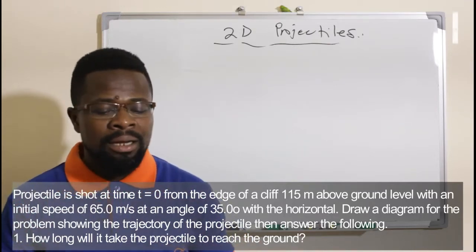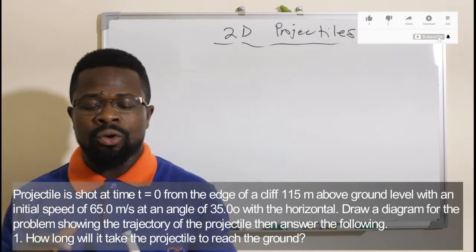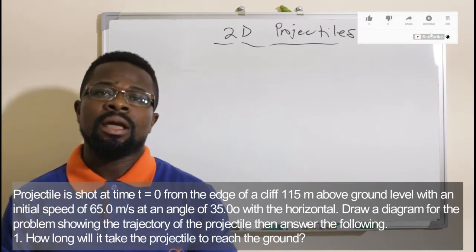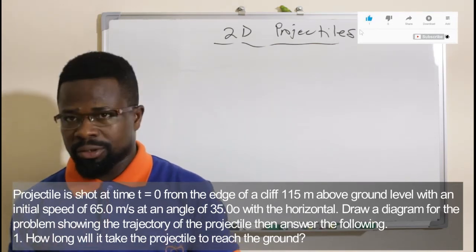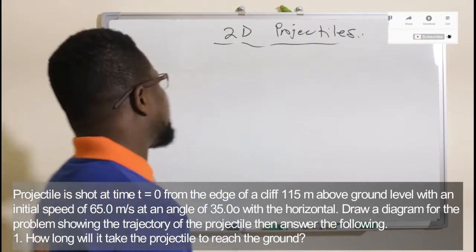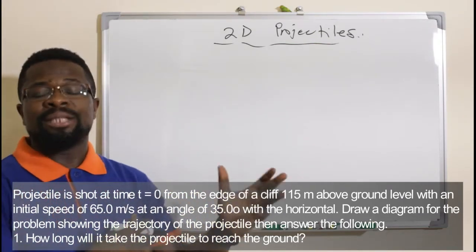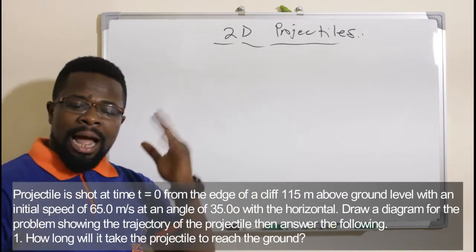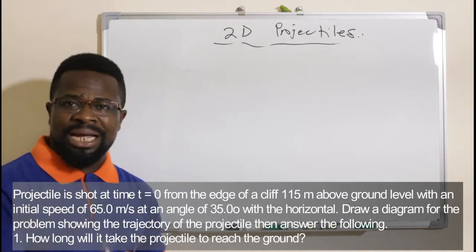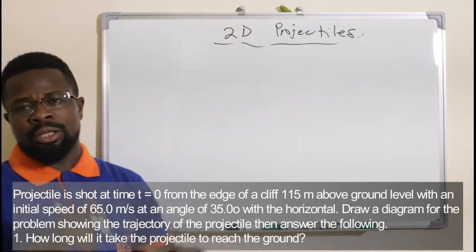Question number 1. How long will it take the projectile to reach the ground? The first thing to do is remember that there was a cliff and we were told that the projectile was shot upwards, and then it returned back into the ground.